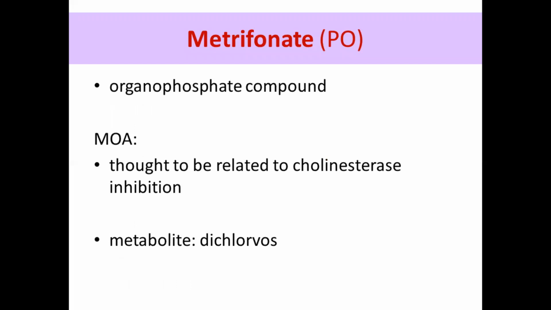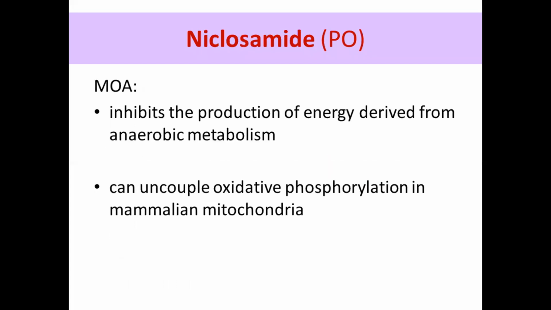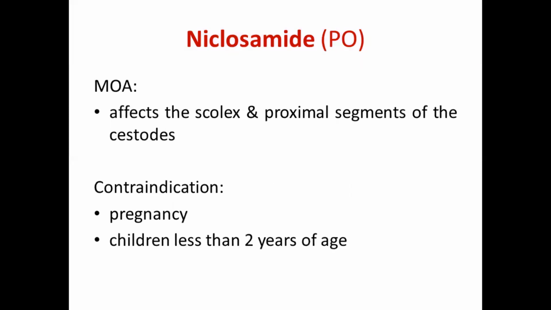Metrifonate, it is an organophosphate compound that is thought related to cholinesterase inhibition. Niclosamide, the mechanism of action is that it inhibits production of energy derived from anaerobic metabolism. So usually ito ginagamit for the flatworms, no?